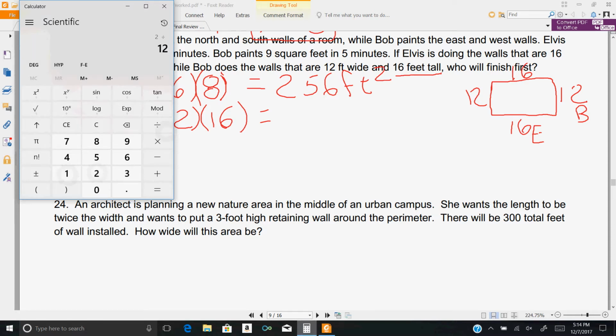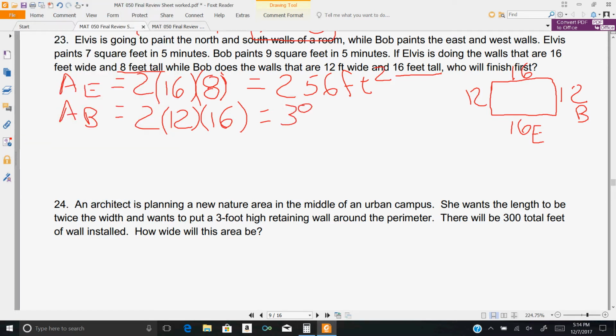Oops, accidentally pushed the divide button. Times 2 times 12 times 16. 384 square feet.